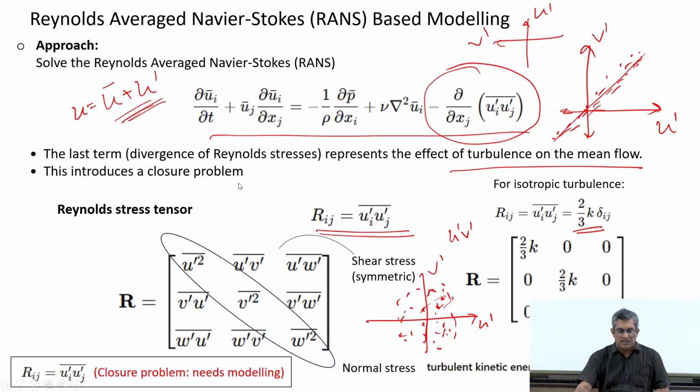So eventually you have 4 equations, say 3 momentum and continuity, but 9 unknowns. That is why we have a closure problem. If we want to solve this, we have to express the Reynolds stress somehow in terms of these quantities, and only then can you solve it. That is what is meant by modeling in the RANS based approach.